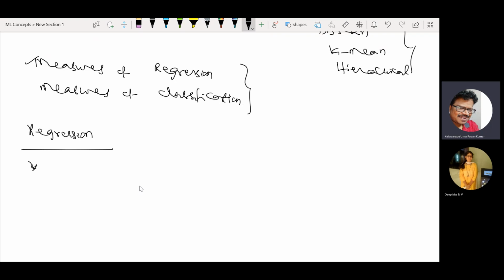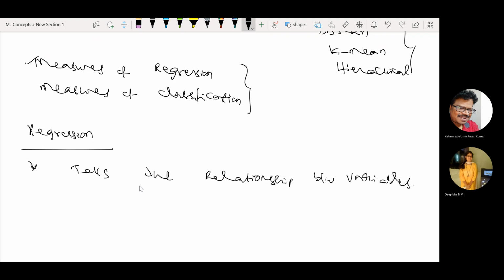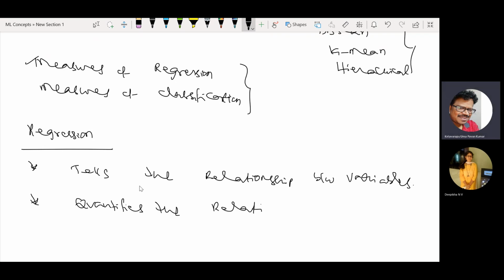Regression tells the relationship between the corresponding variables, and the most important point is that it quantifies the relationship by using a set of equations. I'll reveal exactly what the equation is and how it performs.